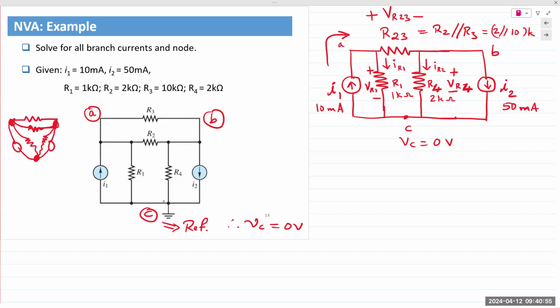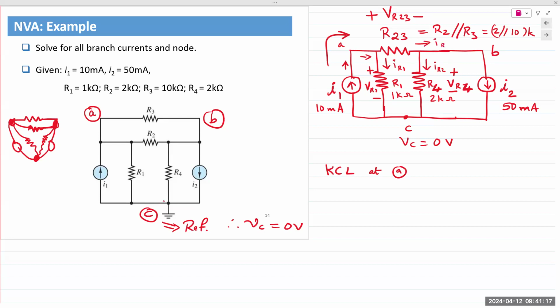So let's apply KCL at A. And might go a little faster this time. KCL at A would give me I1 is entering the node, right? I1 is entering the node. Then IR23, I didn't mark that.